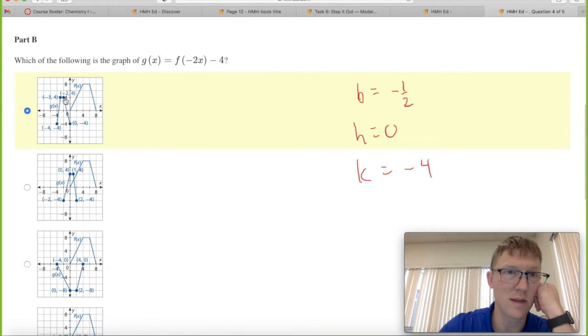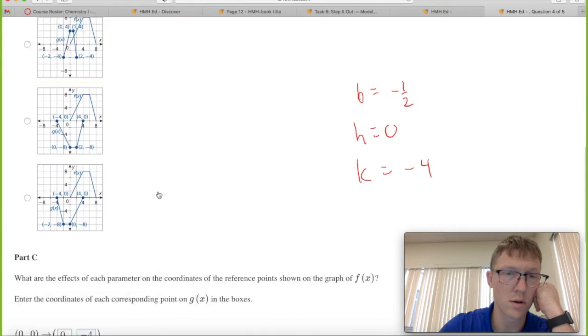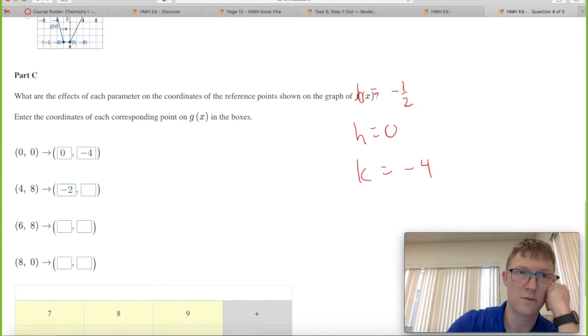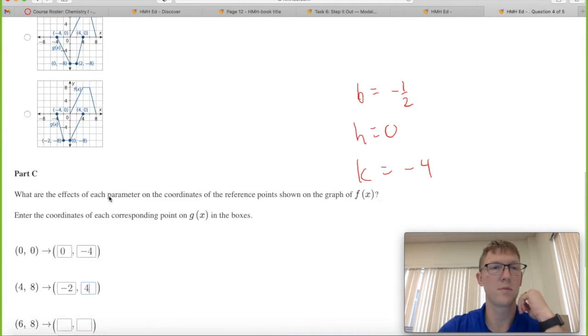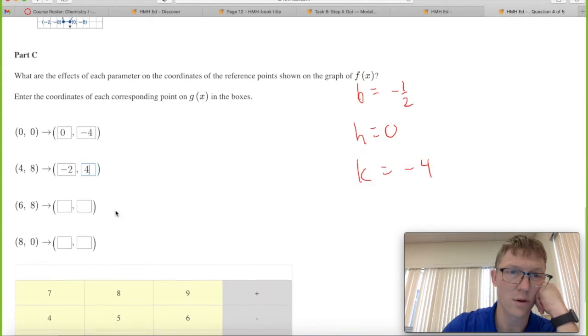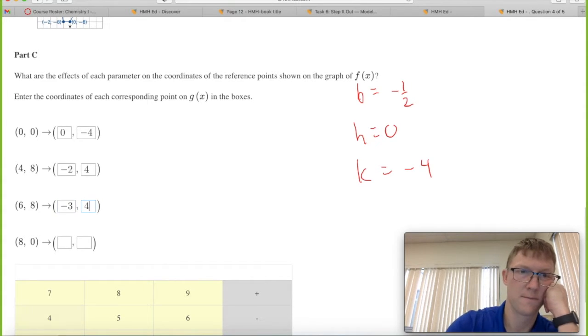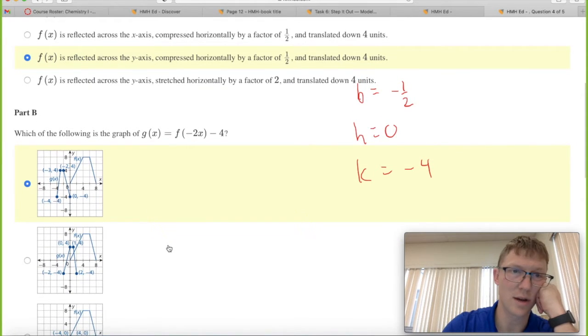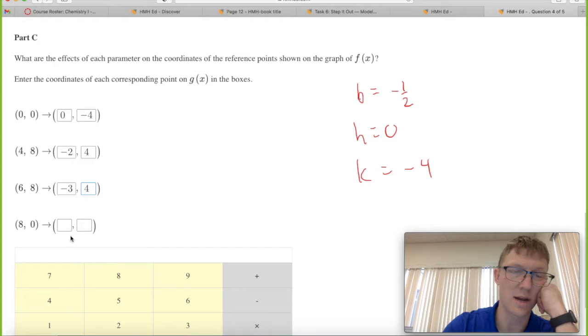So that is now -2, 4. 6, 8. And then it's going to be squished a little bit, so that's this point right there. So -3, 4. And then 8, 0 is this guy down here. So -4, 4. Or, I'm sorry, -4, -4.